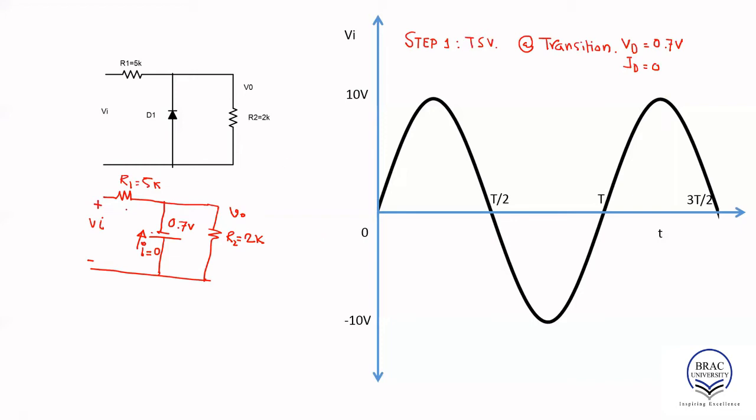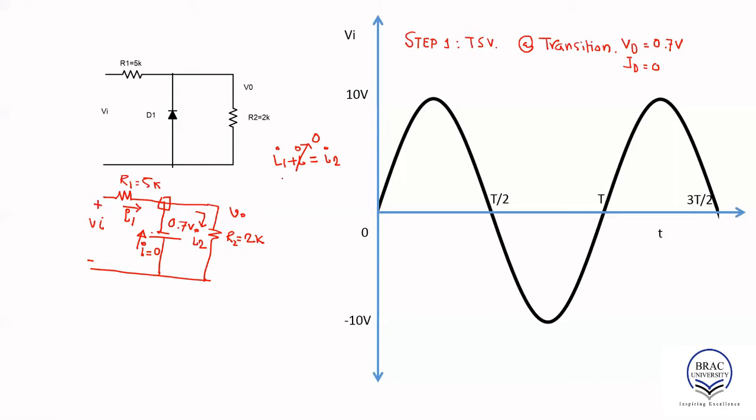So since I is equal to 0, let's say the current flowing in this branch is I1 and in this branch is I2. Now if we apply KCL at this point, we find I1 plus I equals I2. Then we already know I is equal to 0.